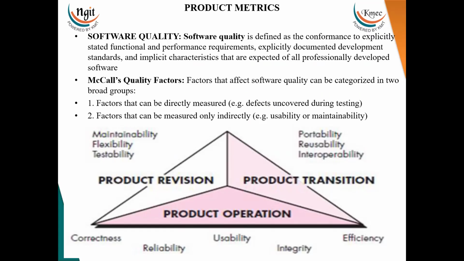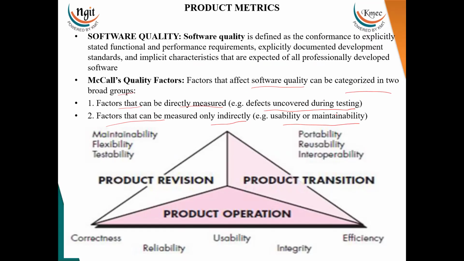Now, McCall's quality factors. Factors that affect software quality can be categorized into two broad groups. First, factors that can be directly measured, that is, defects uncovered during testing. Next, factors that can be measured only indirectly, for example usability or maintainability.